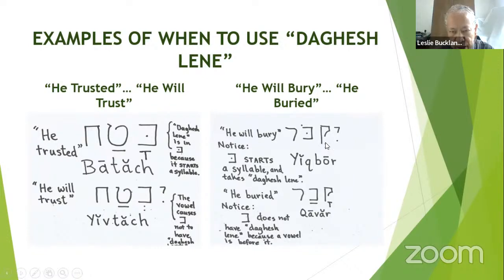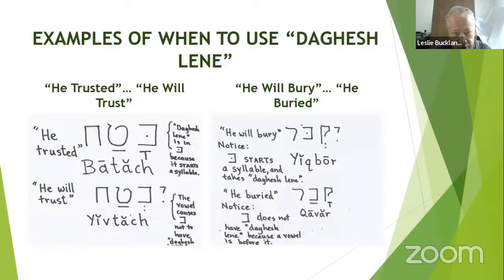If there was a vowel here, just like down there, here is a vowel under the Beth, and it causes the Beth not to have a dagesh lene. So the vowel must be immediately before the consonant in order for it not to have a dagesh lene. But if it is over here, it will not affect it. Okay. And this is not a vowel. This is a simple schwa, and it is not considered to be a vowel. Oh, I understand. Yes.